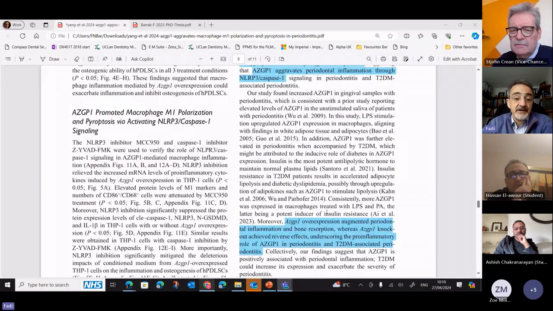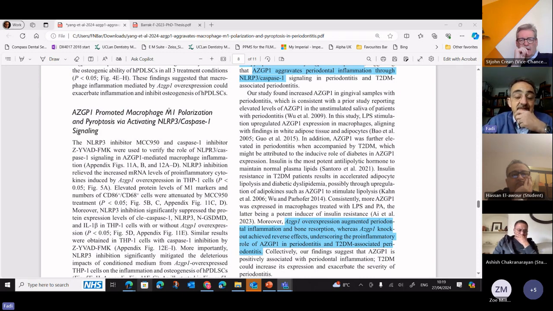showed that not only did they see it from bone loss and tissue destruction, the glycoprotein effect promoted M1 polarization and pyroptosis via activating that inflammasome caspase-1 signaling we talked about.